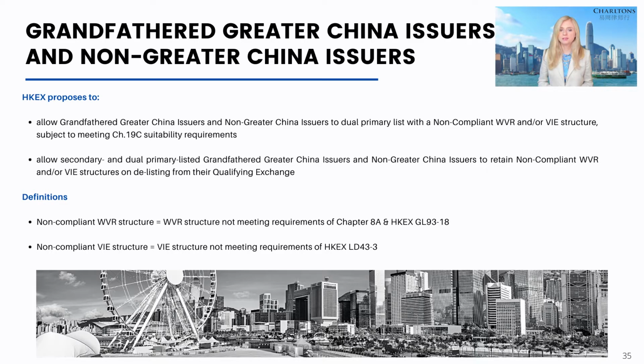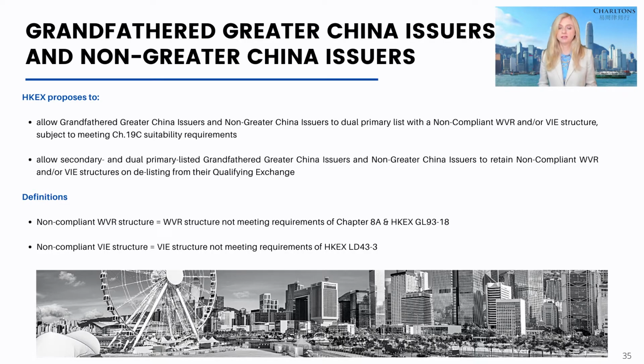A non-compliant weighted voting rights structure is a weighted voting rights structure that does not meet the requirements for weighted voting rights structures under Chapter 8A of the Listing Rules and the Exchange's Guidance Letter 93/18, which sets out further requirements for weighted voting rights structured companies to be considered suitable for listing.